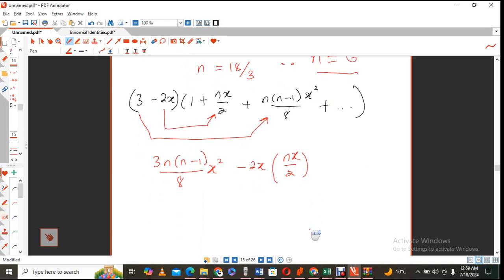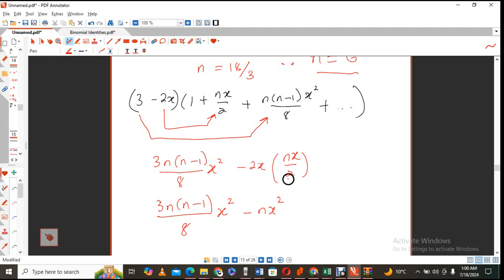So let's clean it up. This is just 3n(n minus 1) over 8 times x squared. Here the 2's cancel, leaving minus n, so that is going to be minus nx squared.